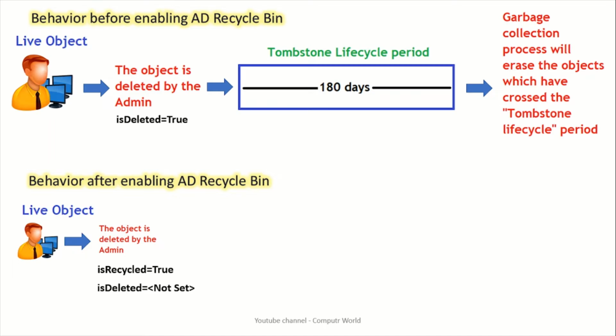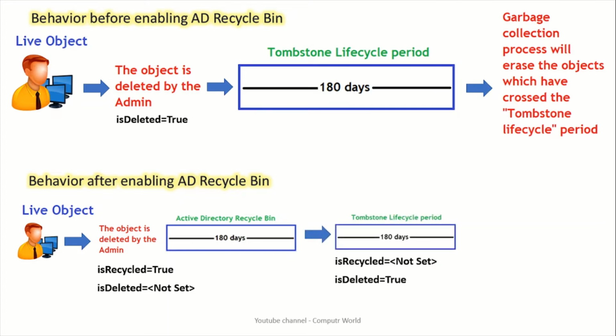Now the is recycled attribute changes to true, and the is deleted attribute is still not set. Now this object moves to Active Directory Recycle Bin. Instead of tombstone lifecycle, it moves to Active Directory Recycle Bin. It stays over there for 180 days. And then it moves to the tombstone lifecycle period, that is 180 days.